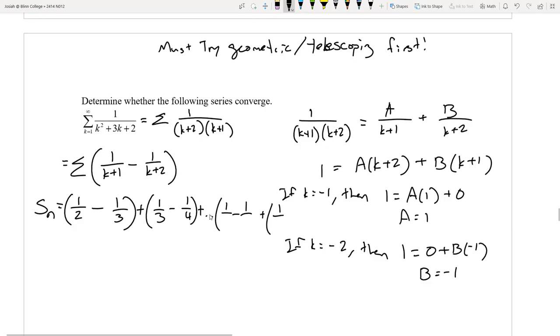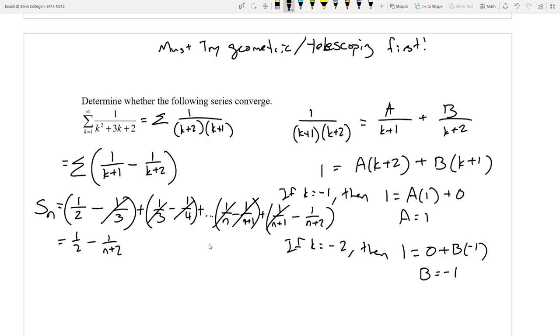So n minus 1, we get n, and then n plus 1. Here we plug in n, we got 1 over n plus 1 minus 1 over n plus 2. There we go, got it. So we go ahead and make our cancellations, cancels, cancels, cancels, and so on, all the way down to we've got 1/2 minus 1 over n plus 2.